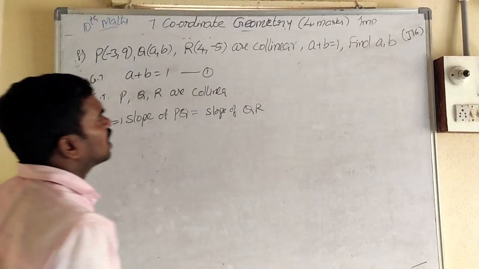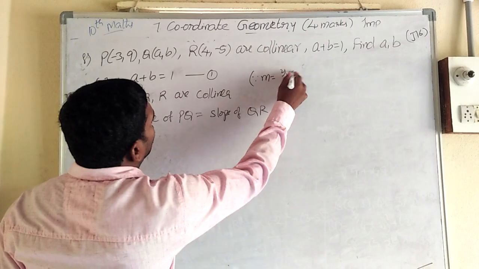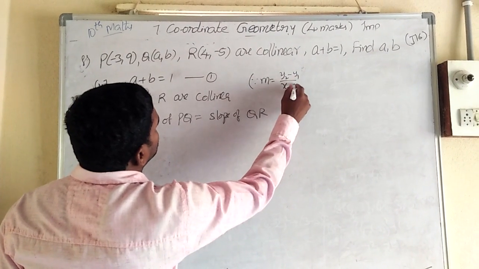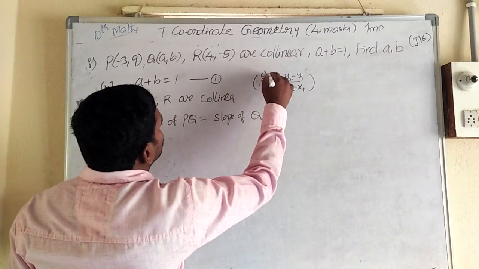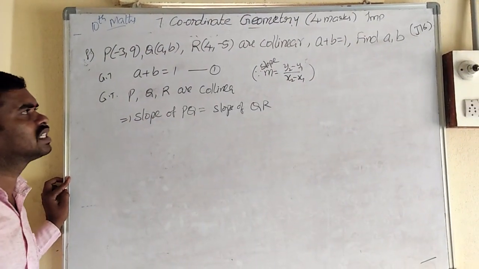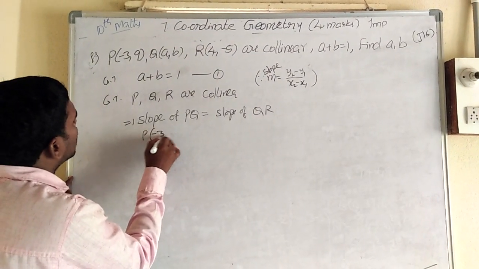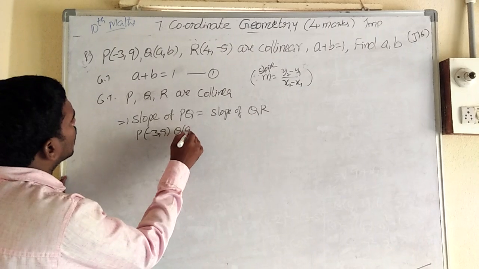Now, what is the slope formula? Slope, denoted by m, is equal to y2 minus y1 by x2 minus x1. So take P and Q. What is P? Minus 3 comma 9. What is Q? a comma b.